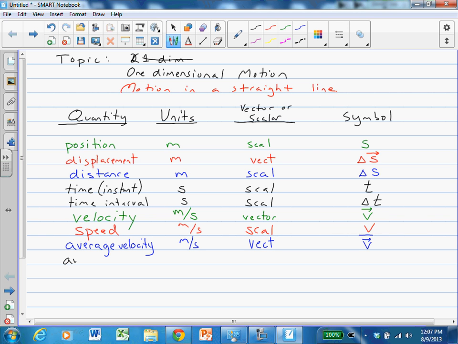Average speed. You could guess this one. Meters per second. Scalar. No vector, so just v bar.